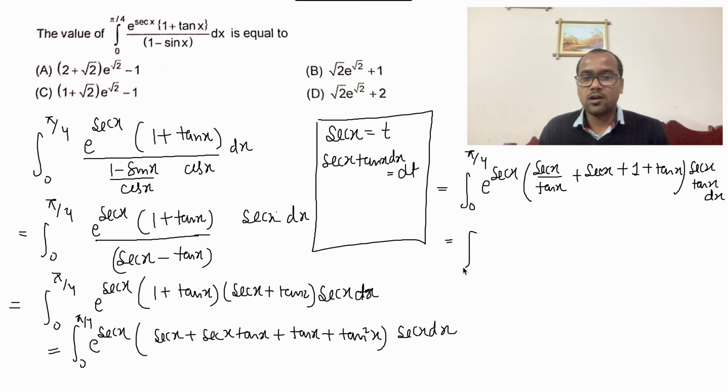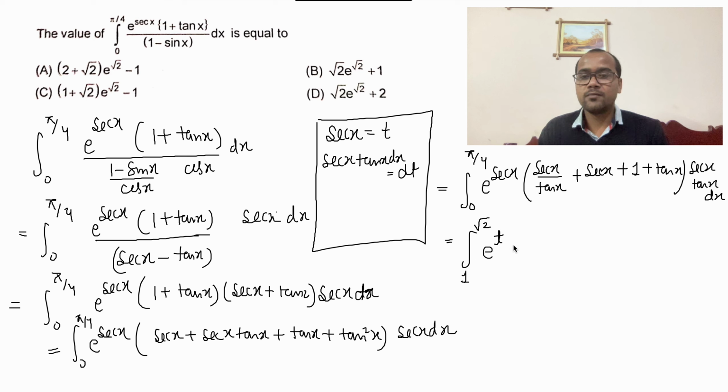So now the integration limits will change. If x is 0, then sec 0 is 1, so t is 1. If x is pi over 4, then sec pi over 4 is under root 2, so t is under root 2.